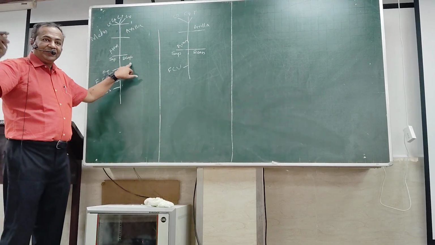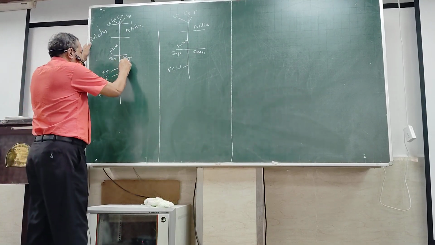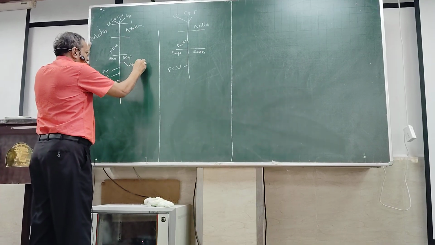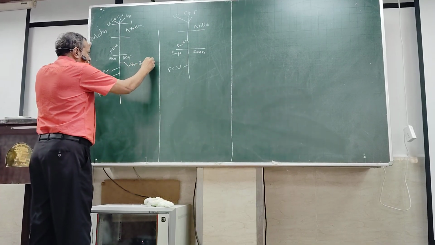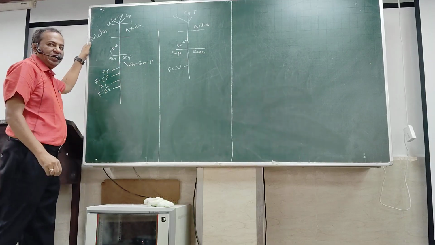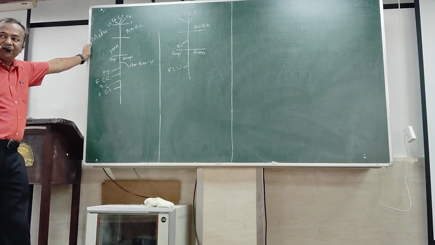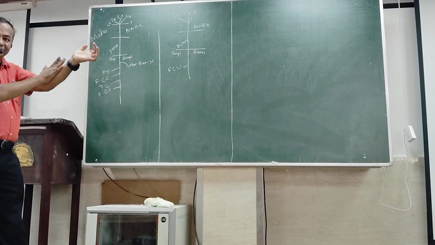For deep muscles it gives a branch called anterior interosseous nerve. Radial nerve gives posterior interosseous nerve and median nerve gives anterior interosseous nerve, which supplies the deep muscles of the forearm anteriorly.